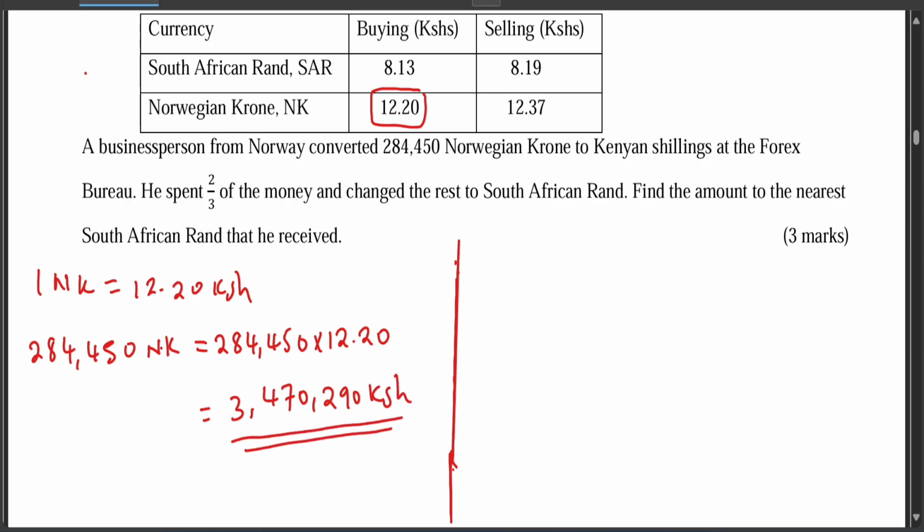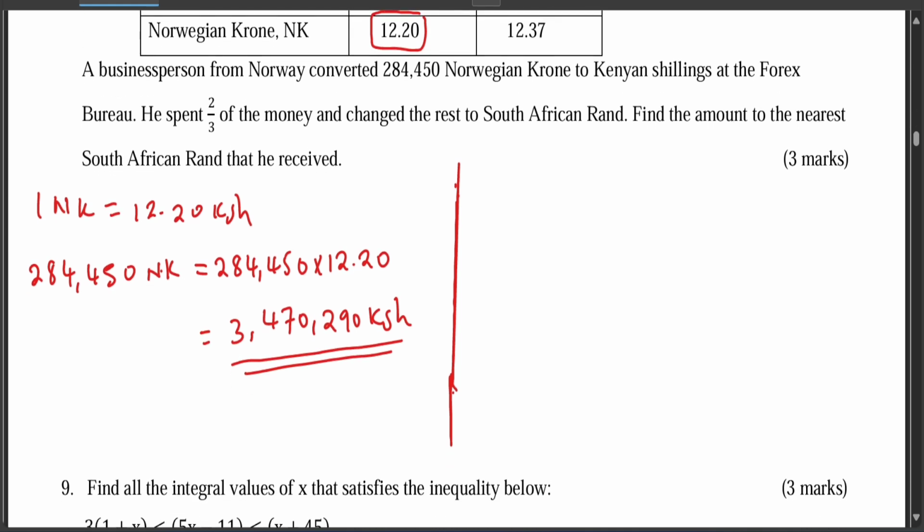Now he spent 2/3, so he just remained with a third. What we're concerned with is not the spending, we're just concerned with the remainder. So a third times 3,470,290. Let's see how much it gives us. If I divide by 3, it should give me 1,156,763.33 Kenya shillings.